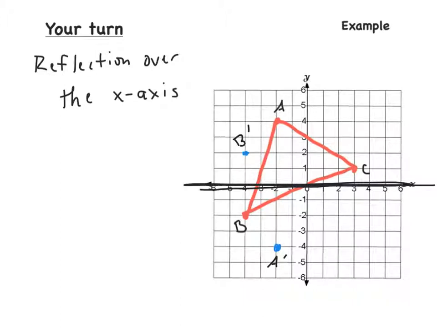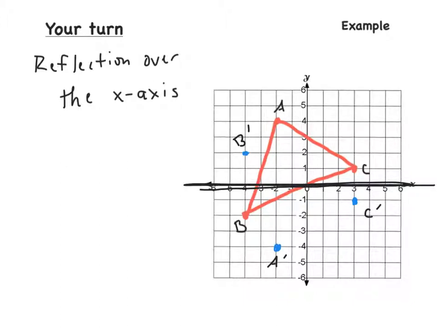And last but not least, we have C. C is on the positive 3 on the x-axis, and it is 1 point up from 3. So from here we need 1 point down from 3. So we would mark our point right here. This will be labeled as C prime.